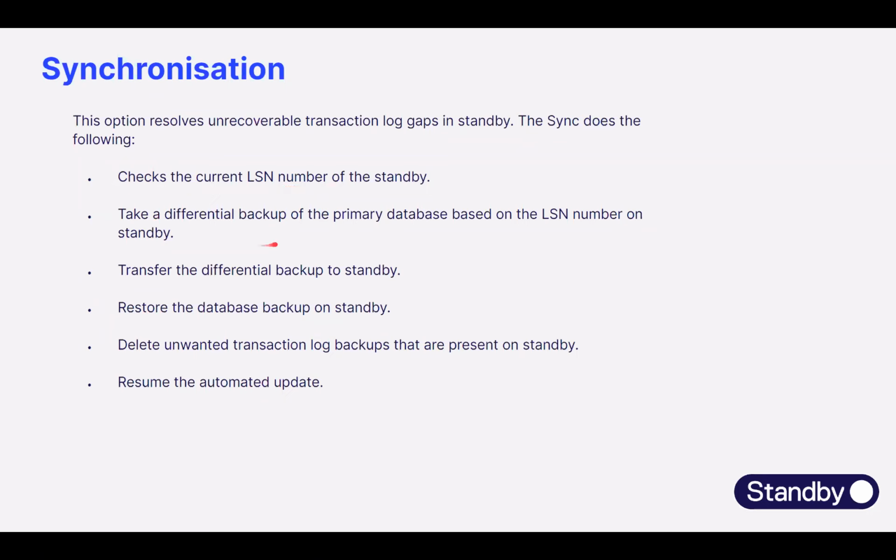We will take a differential backup based on the LSN number, and we will transfer it to standby, apply it to standby, and then from that moment on, you can again synchronize with the help of the traditional log shipping. It's very easy to do that. Again, it will be just a few clicks, and it will help you to overcome situations when the log is missing.